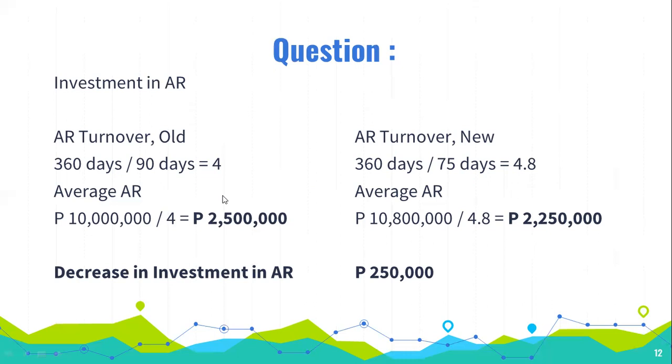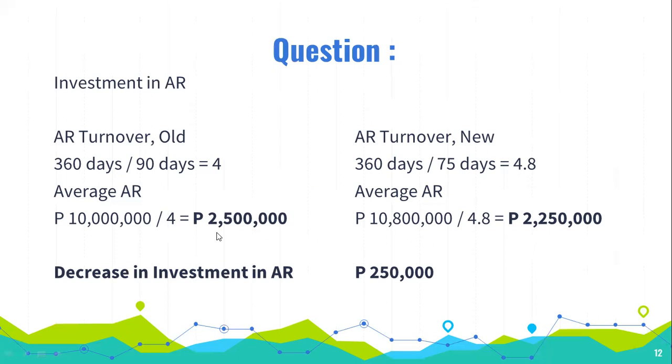And then next, we will compute the average accounts receivable. We compute it by dividing the sales in the old policy by the accounts receivable turnover in the old policy. So that will be 10 million pesos divided by 4.